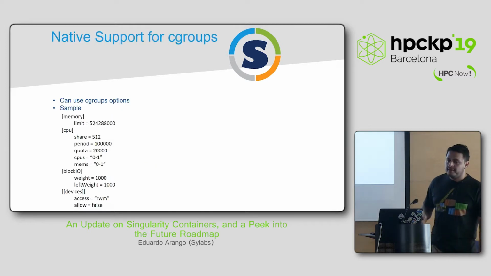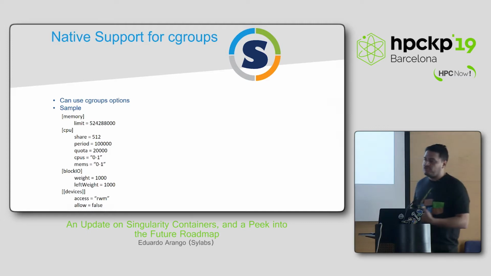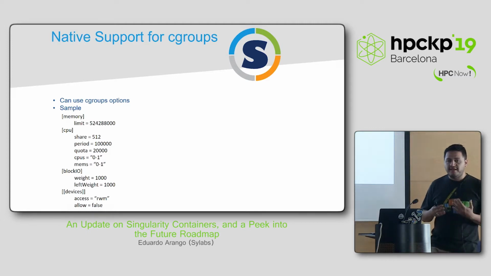C groups. In the HPC ecosystem, this is not a big thing because we manage C groups via Slurm, via PBS, right? We let the C groups portion go to the scheduler. But on the cloud native side, some of the orchestrators don't come with C groups. They are expecting the container runtime to handle the C groups.